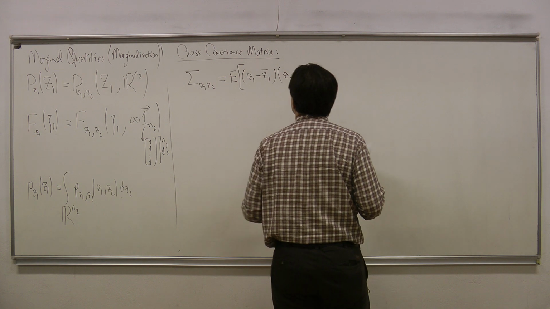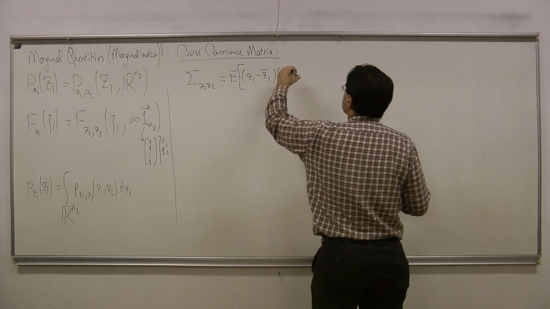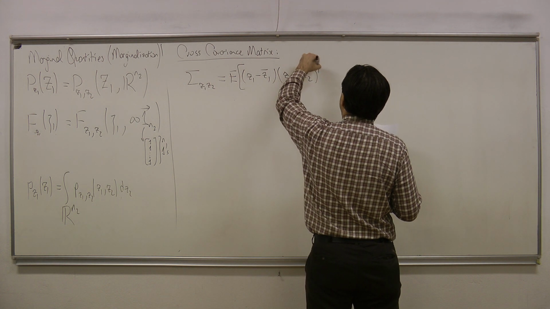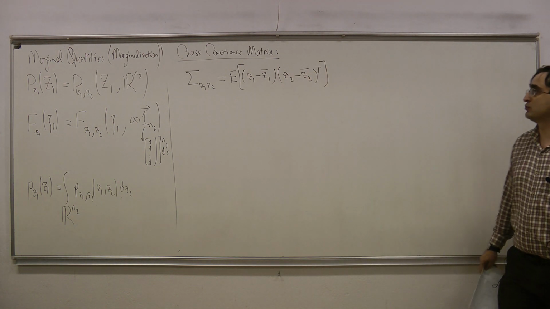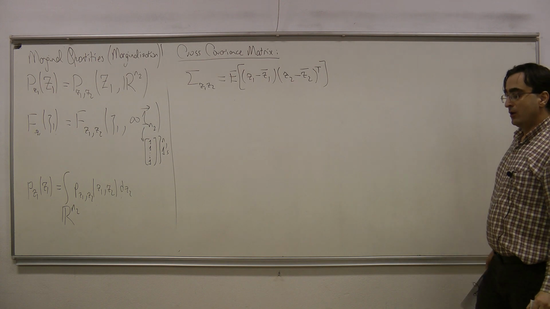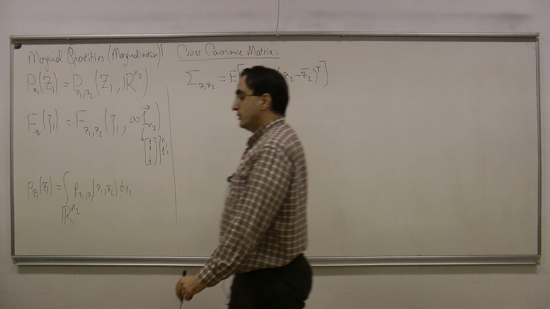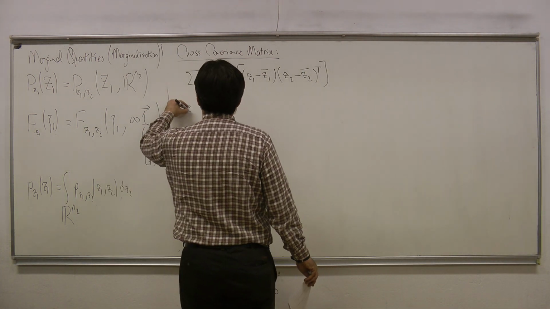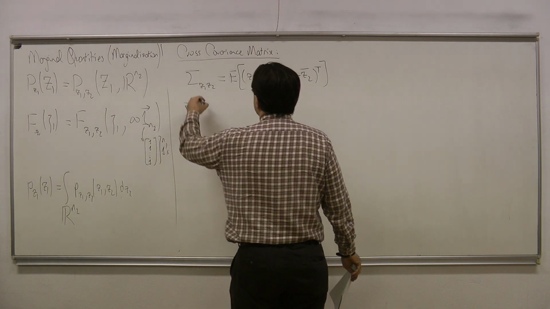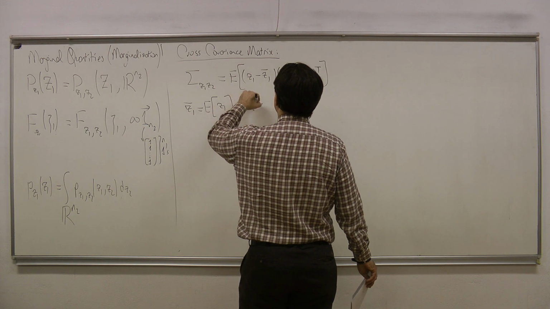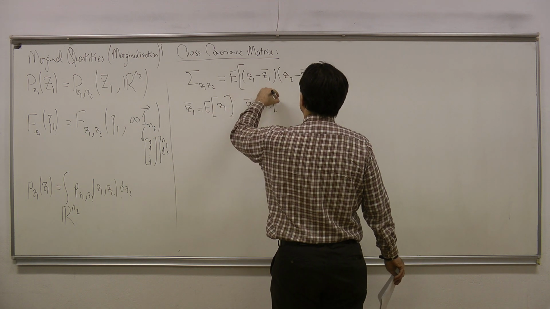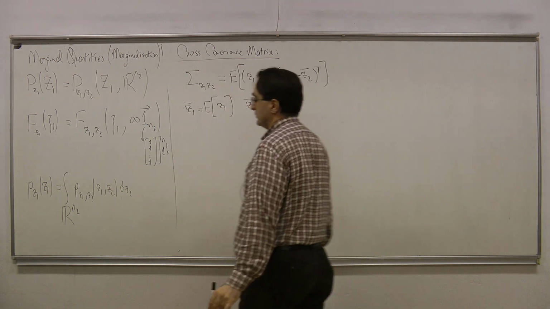These barred quantities are the expected values. This is called the joint cross-covariance matrix of the random vectors Z1 and Z2, where Z1 bar is the expected value of Z1, and Z2 bar is the expected value of Z2. Okay?